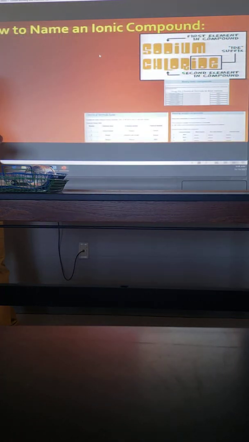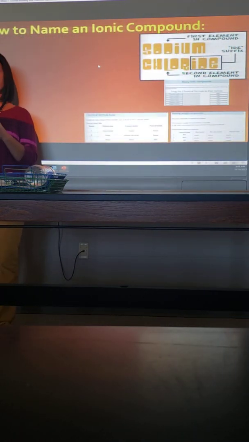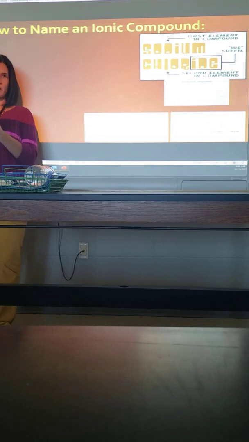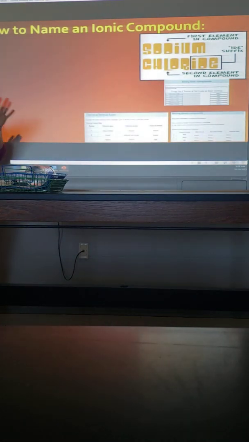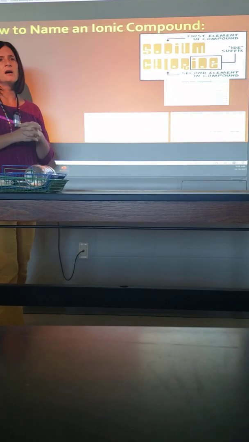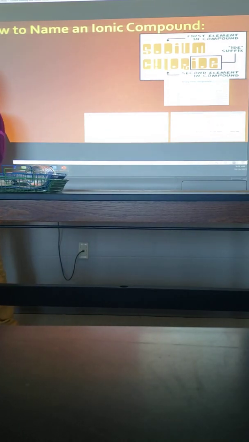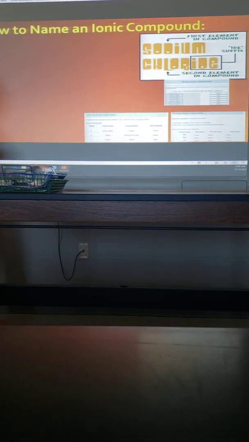Okay, so we're going to move on to our final step with ionic compounds, and that's naming them. We hinted at this when we were doing that purple worksheet, how the anions were like chloride, oxide, hydride, they ended in ide. And here's how it gets to be that way.